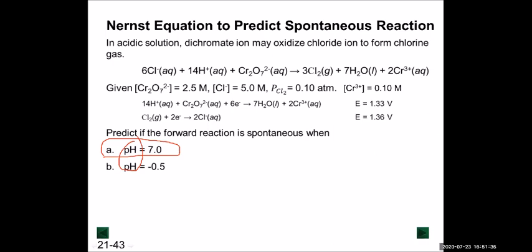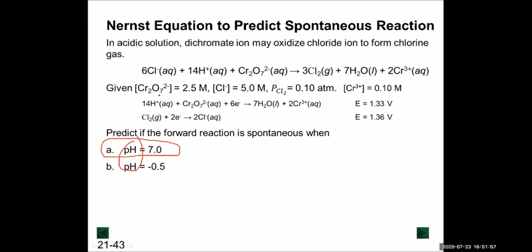So we'll be using this Nernst equation to predict if this reaction has the forward reaction spontaneous, or the equilibrium shifts to right, by using the non-standard free energy change.